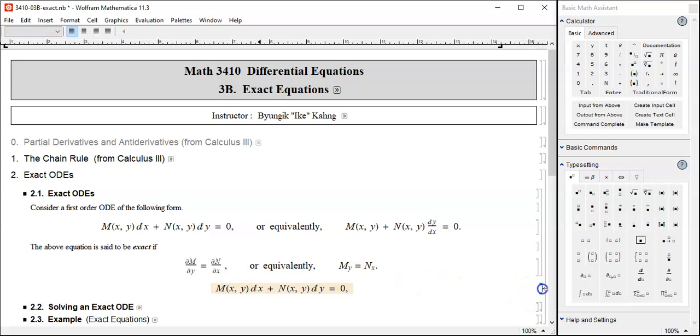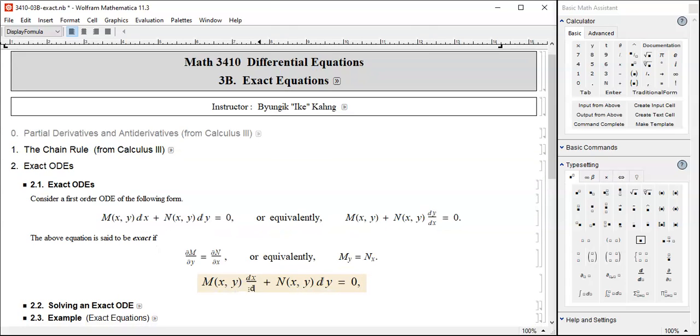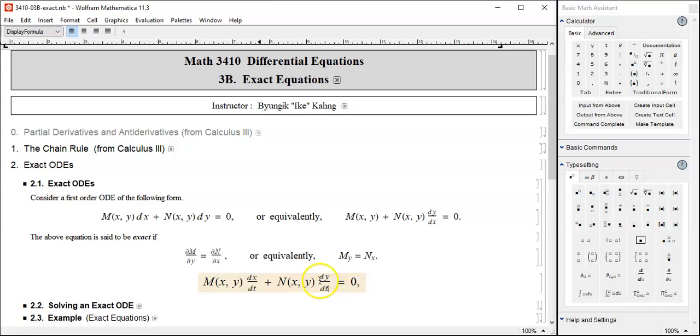Let me expand the font. dt, like this. From here, it's going to be a little more difficult to extend. We need some more algebra and some more chain rule to do that. But from here, no problem at all. So I prefer this one.